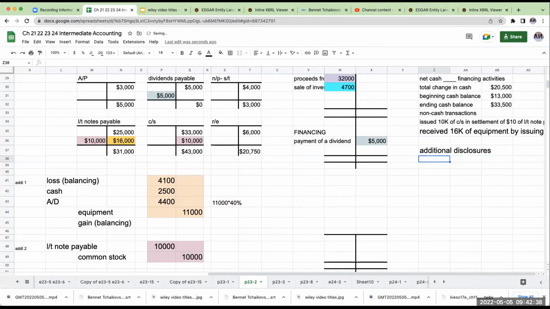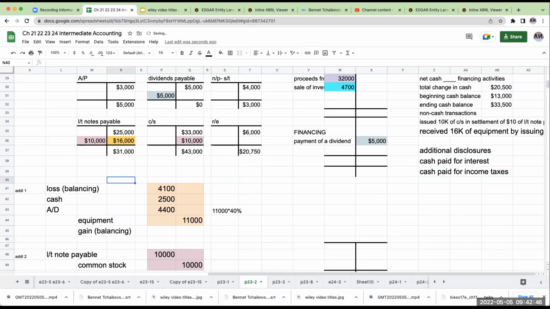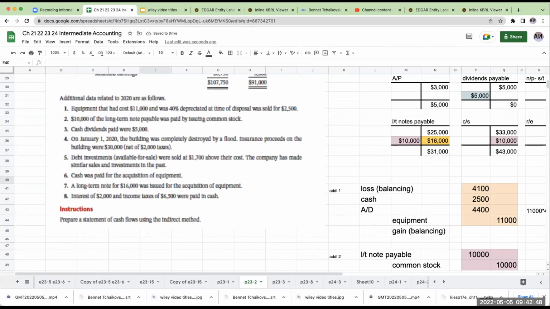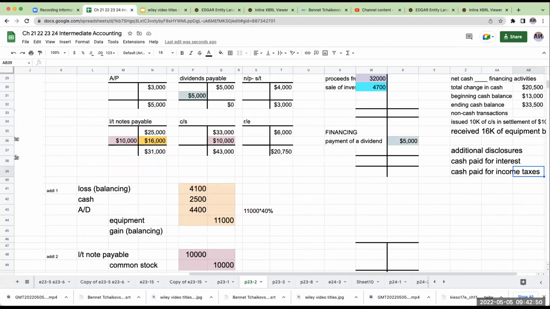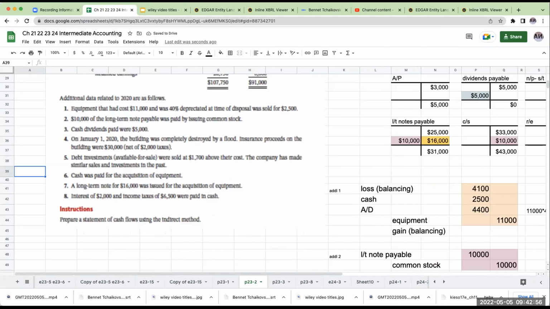We're going to basically say cash paid for interest, cash paid for income taxes. It's just additional disclosure at the bottom of our financial statements, and this is going to be 2,000, and this is going to be 6,500. It doesn't really go in any of the T accounts.